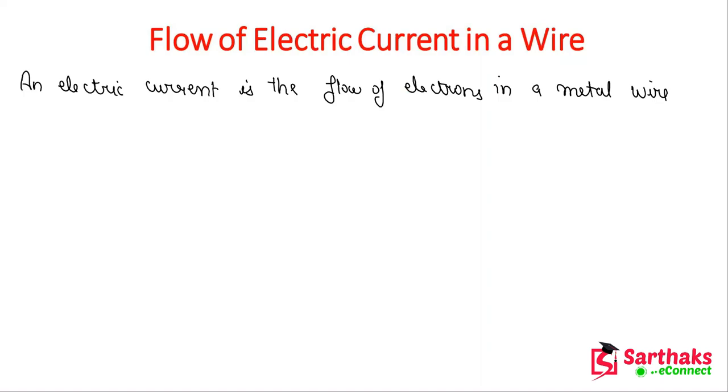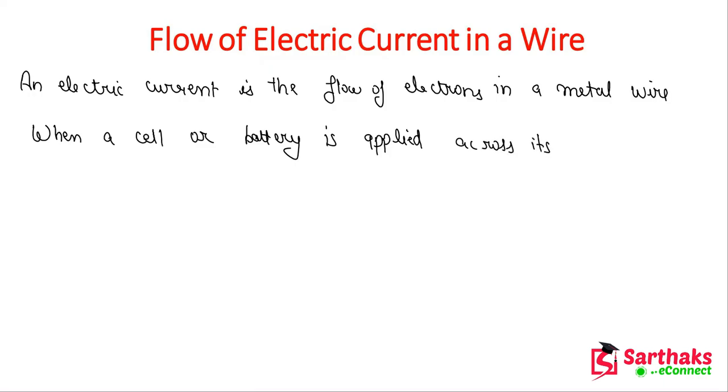So when a cell or battery is applied across its ends, what happens is that a metal wire has plenty of electrons in it.